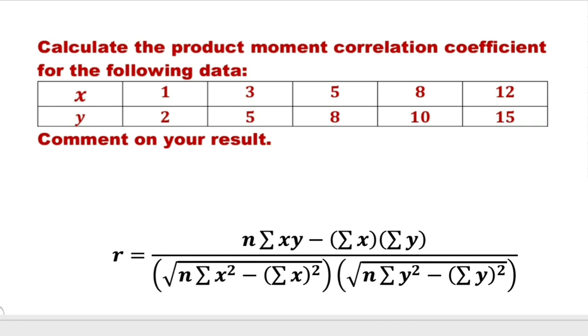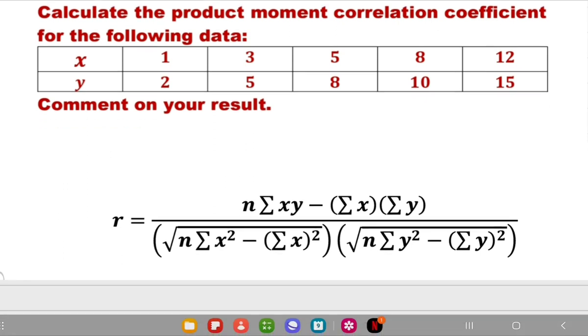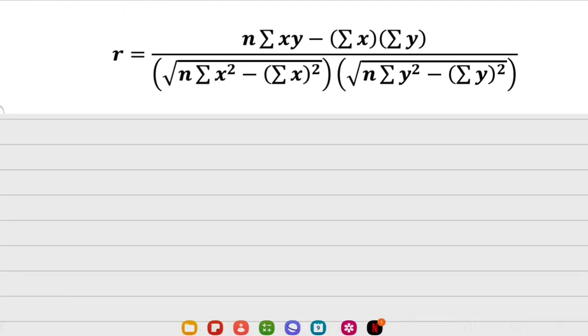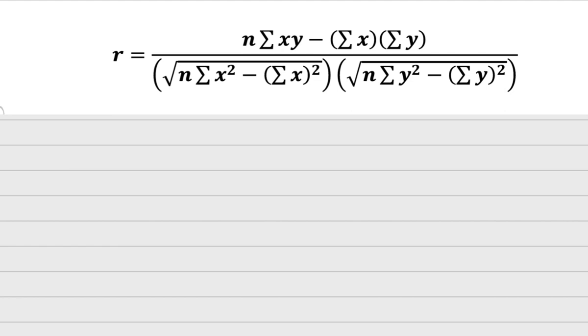Now we have the formula on the screen. From this formula, it will help us to form a table so that we can get everything we need in the formula. In our table, we must have x squared, then y squared, then xy.